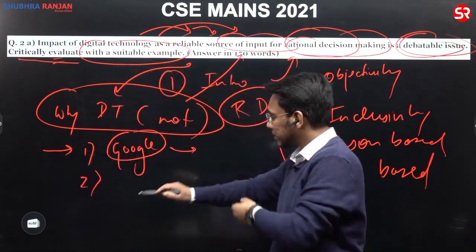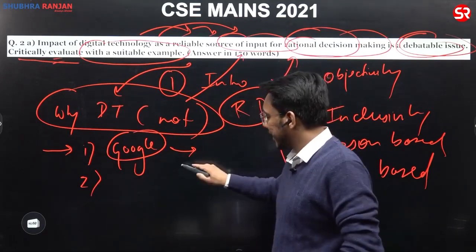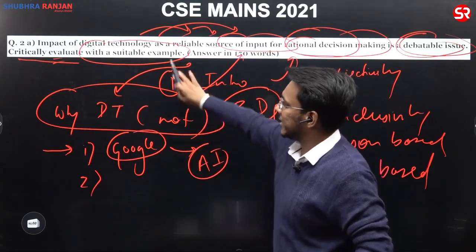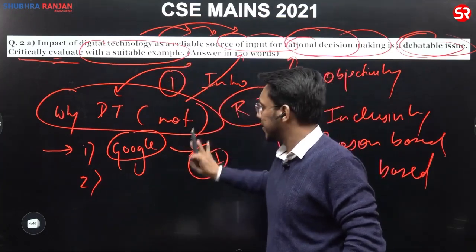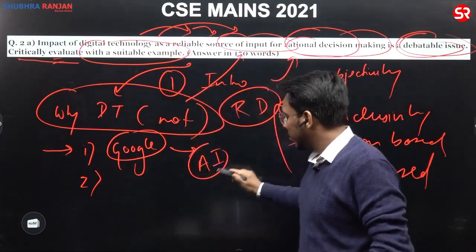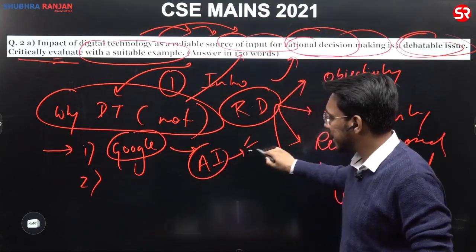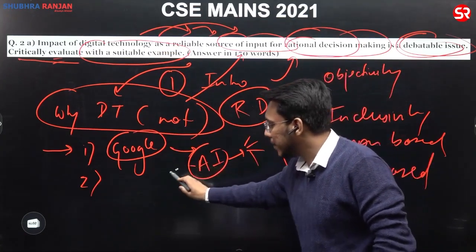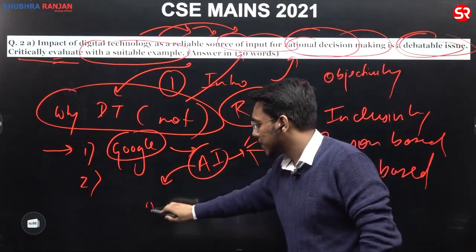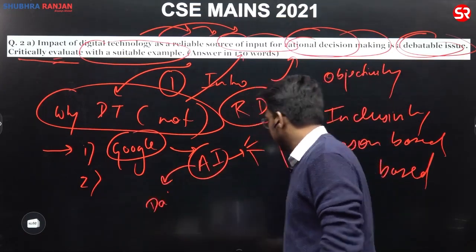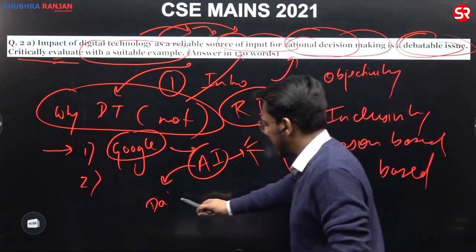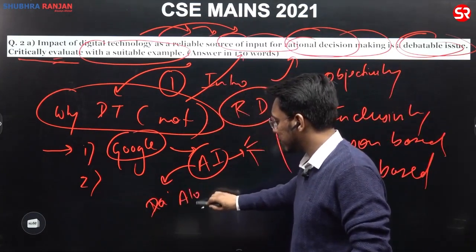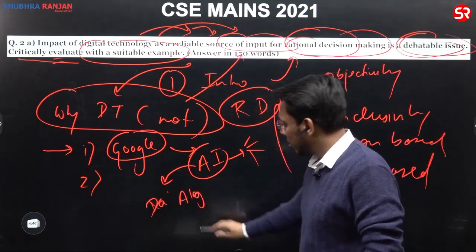See this thing. Let's say we are using artificial intelligence in decision making. Artificial intelligence is a digital technology. This artificial intelligence will be based on certain algorithms.